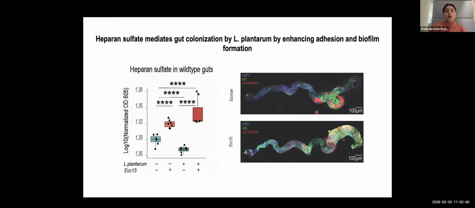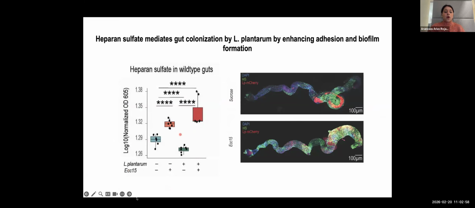Then, going deeper into this, we wanted to see how this happens in vivo, whether lacto is able to form biofilms within the gut after the infection. First of all, we measured the heparan sulfate production, the protein production, in those guts.